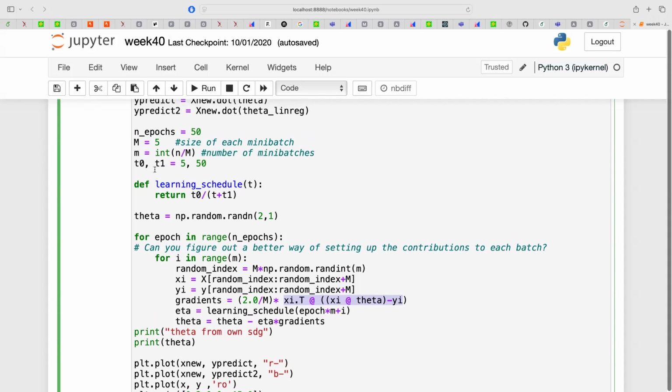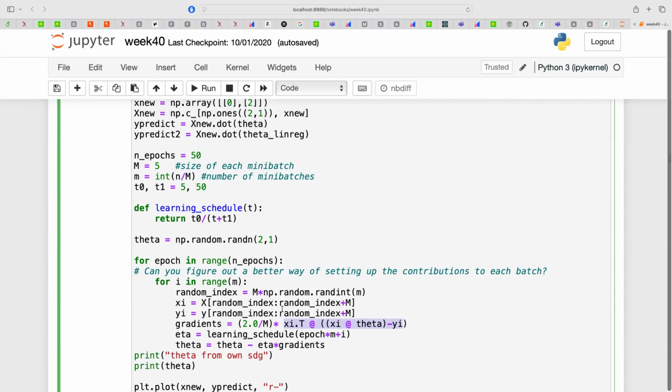In this case, there is a slightly more advanced brute force way of updating the learning rate. You can fix the learning rate for every iteration, or you can update it, and there are many ways by which you can update it. In this specific case, I have a small algorithm which I call learning schedule.